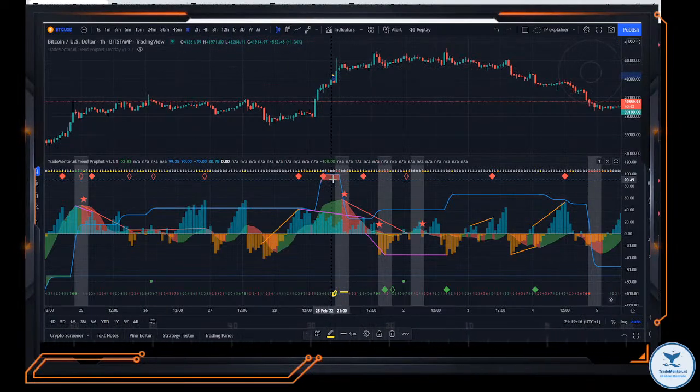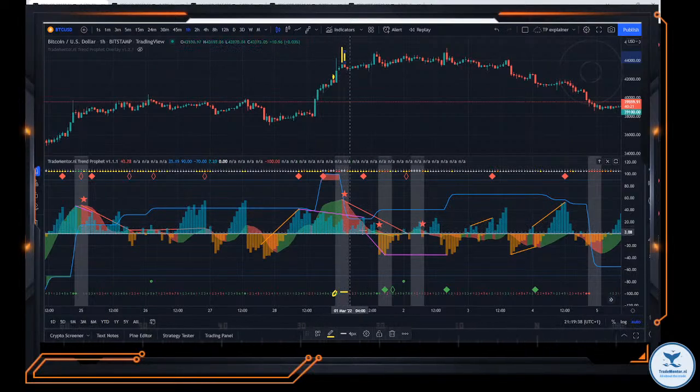You have the exit of the overbought on this candle. And on this candle, while still in that reverse zone, we had our trend momentum reversing direction.